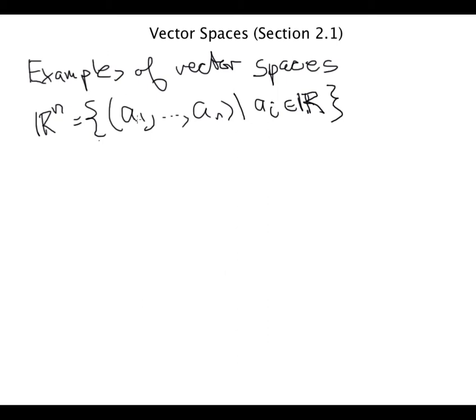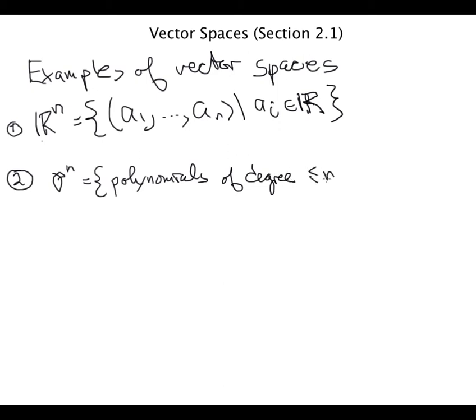So let's look at some examples of what I mean by that. A basic and important example is sometimes written as Pn, the set of polynomials of degree less than or equal to n. So what does that mean?